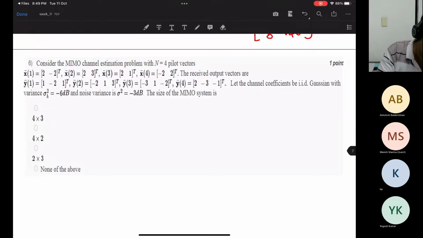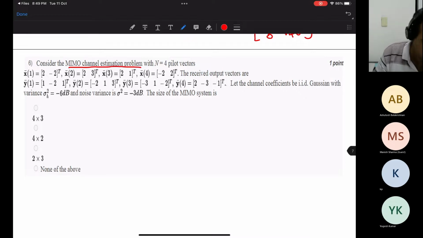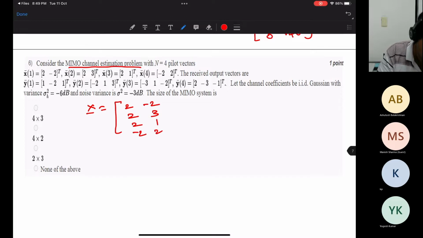Question 6. All right, this is a different problem. We are given a MIMO channel estimation problem. We now have multiple transmit antennas and multiple receiver antennas also. Let's write the X matrix: 2, minus 2, 2, 3, 2, 1, minus 2, 2.